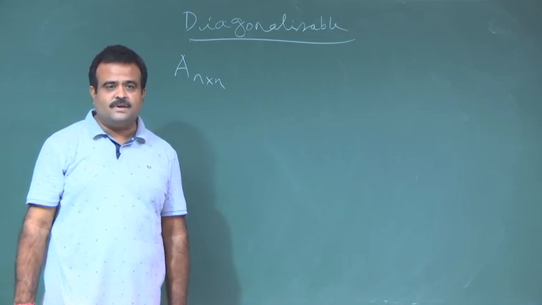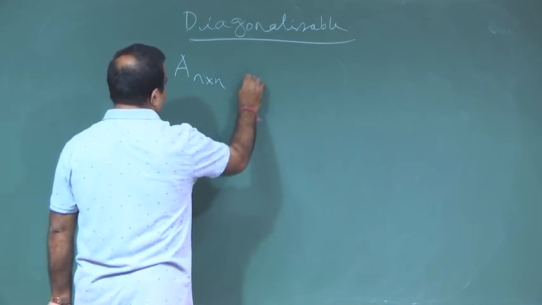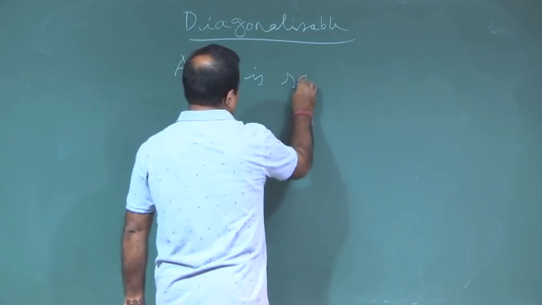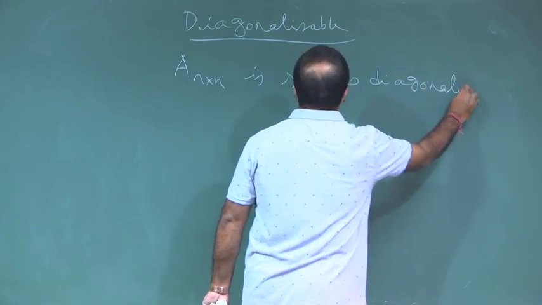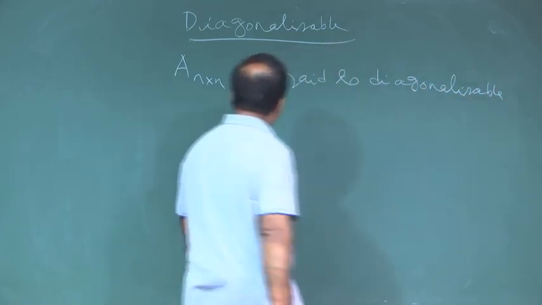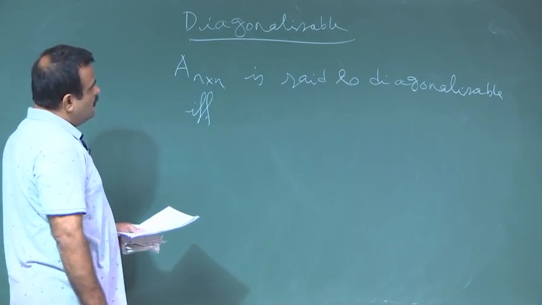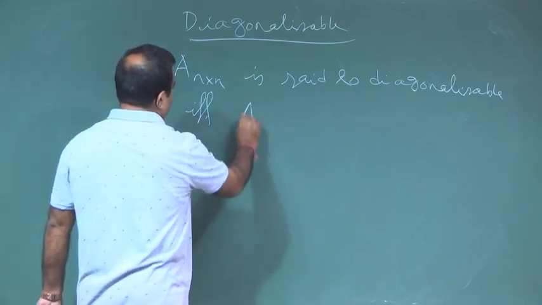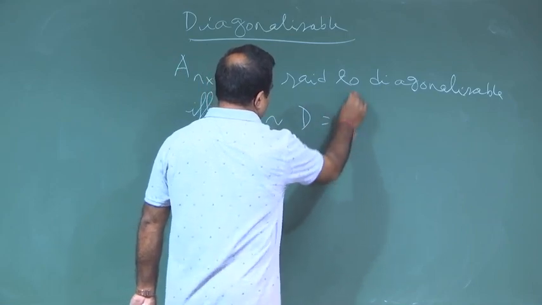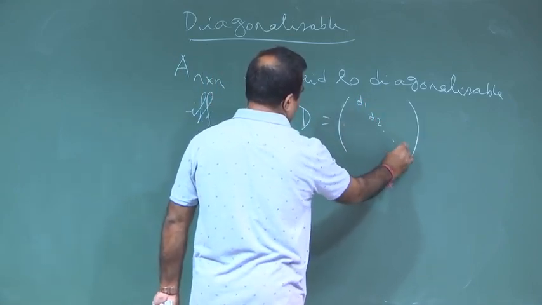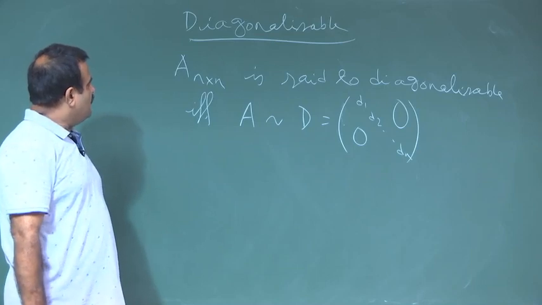We say A is diagonalizable if and only if A is similar to a diagonal matrix D, with diagonal elements D 1, D 2, and so on, and the other entries 0.